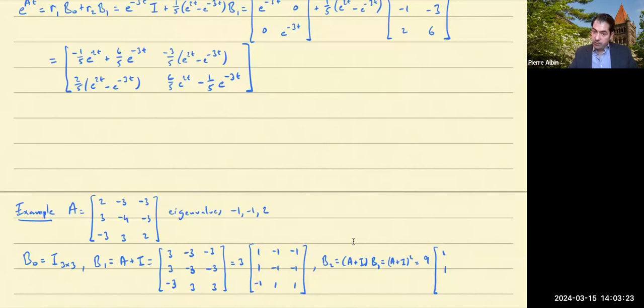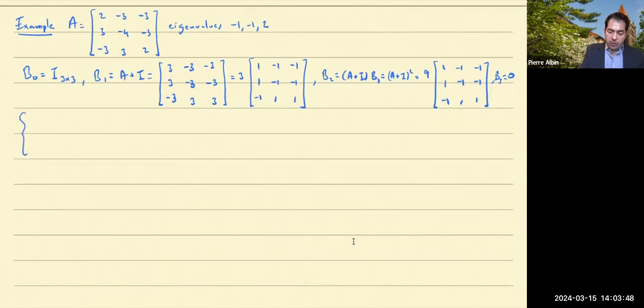And similarly, to find this entry, we end up with -1, then -1, -1, 1, -1, -1, 1. So it's just 9 times the same matrix we had here. Right? And then we don't need to compute B3, but Cayley-Hamilton tells us that it's 0.